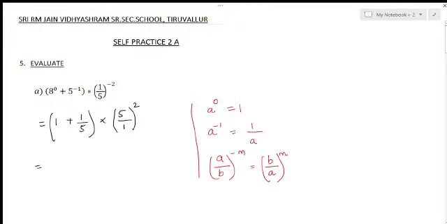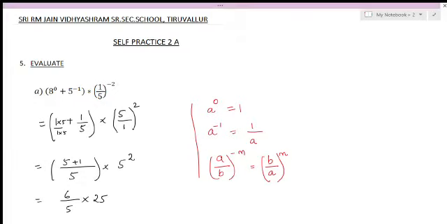You can see different denominators. Here it is 5 and here it is 1. So our LCM is 5. So the first number, you have to multiply it with 5. So (5 plus 1) into 5 square. 1 square is nothing but 1. 5 plus 1 is 6 by 5 into 5 square is 25.